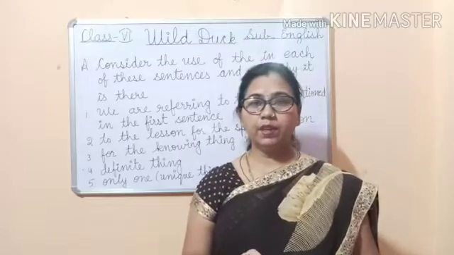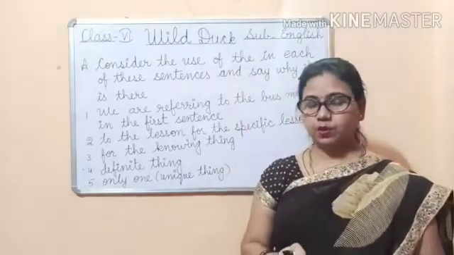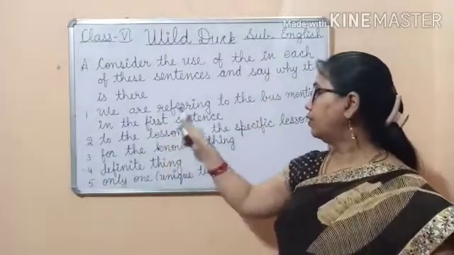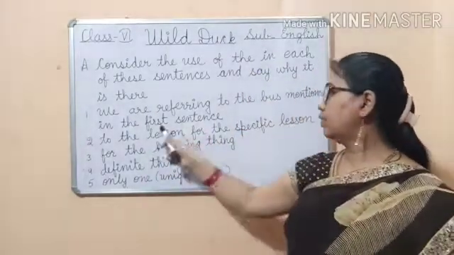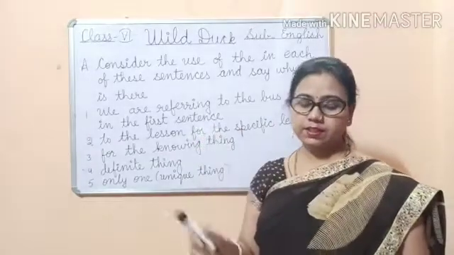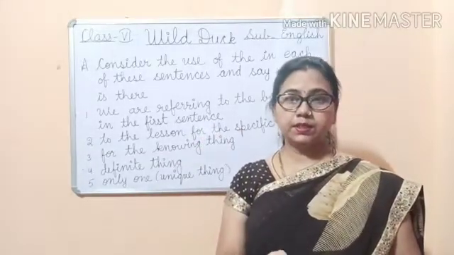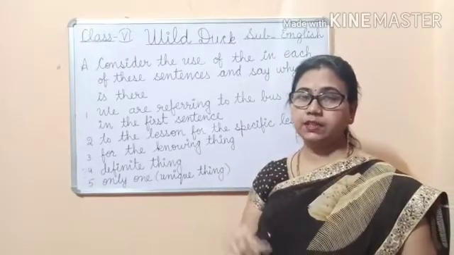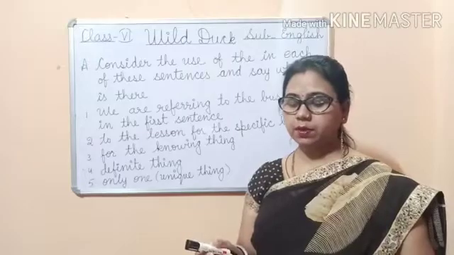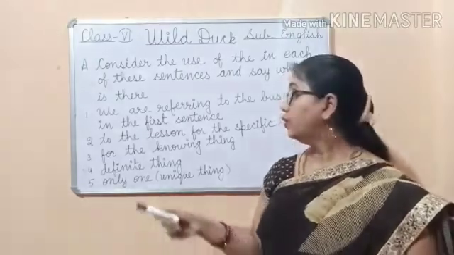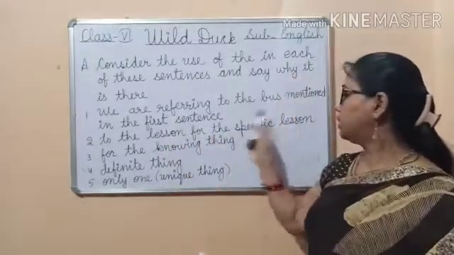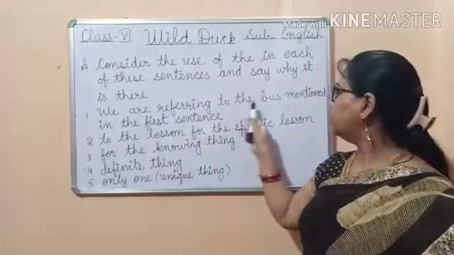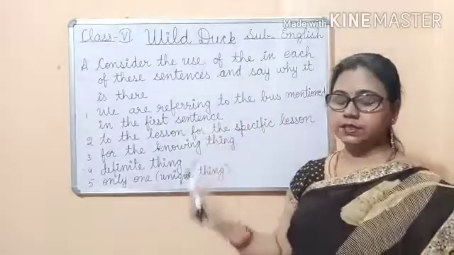So the second time we are using "the", we are referring to the bus mentioned in the first sentence. First there is "a bus" in the first sentence, and the second time we use "the bus". Its answer will be, we are referring to the bus mentioned in the first sentence.